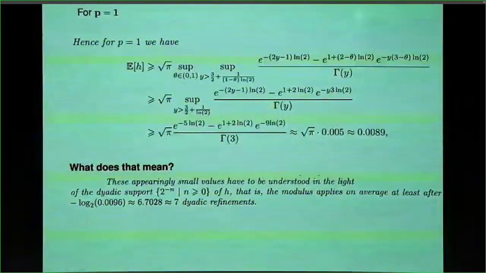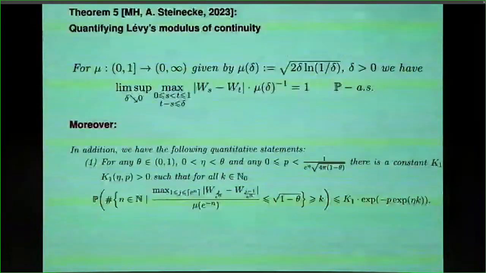If you do this for p equal to 1, we know that the expectation of this length is something which seems to be small. But if you take into account that this h has values 2 to the minus n, you have to take the logarithm in order to understand what is the true size. So how many refinements do you need in order to comply with this? And these are just 7. All right, so this is not so bad.